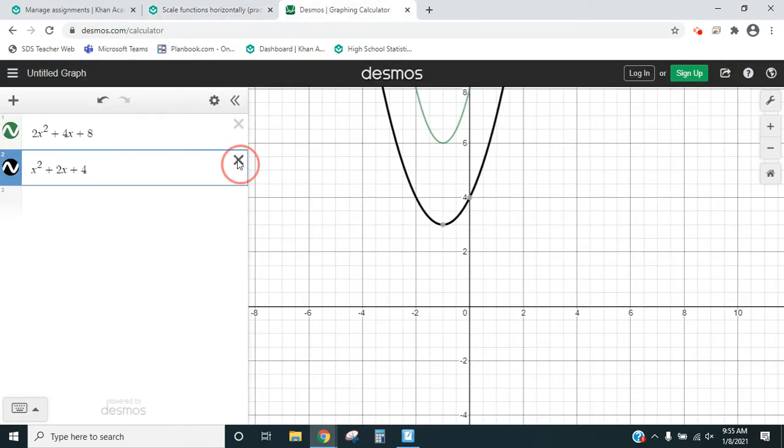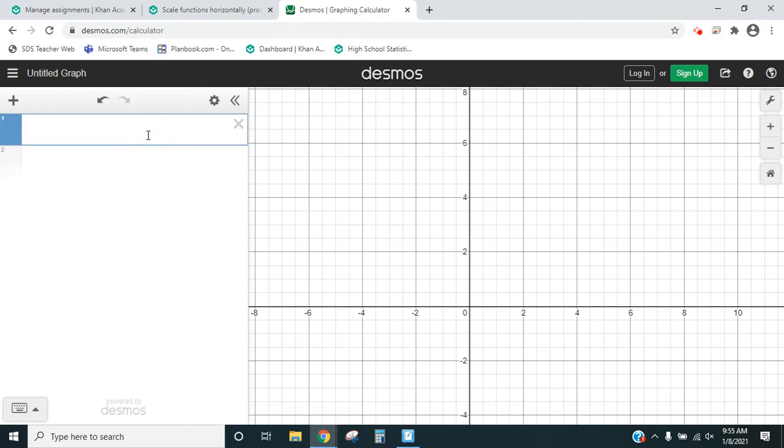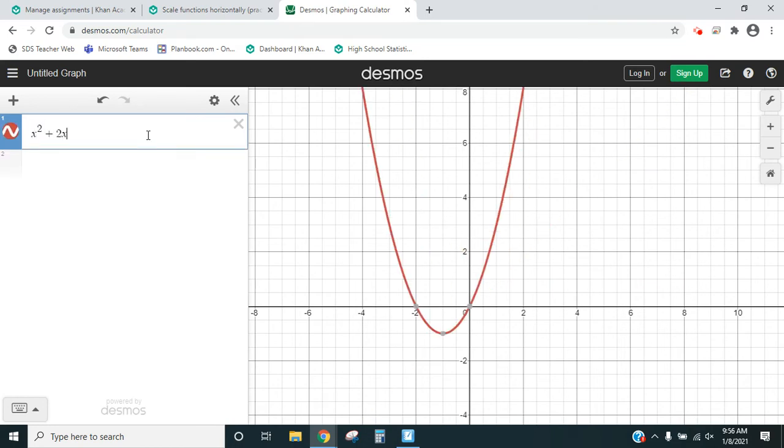Let's do some on Desmos here. Let's do this. It's going to be freaking awesome. Are you ready? Here, let's do this one. X squared plus 2x plus 4, like that.